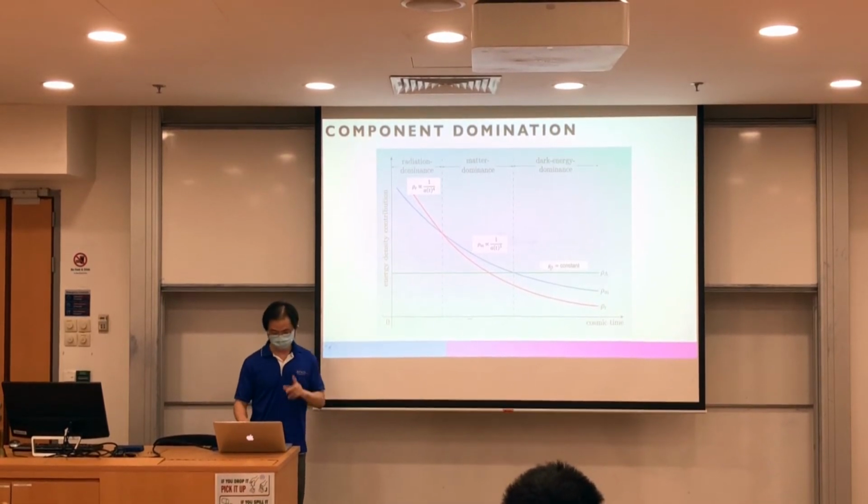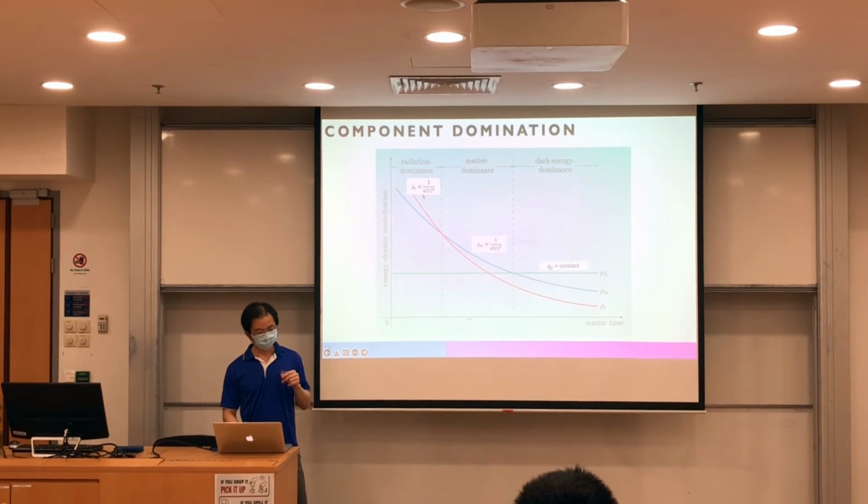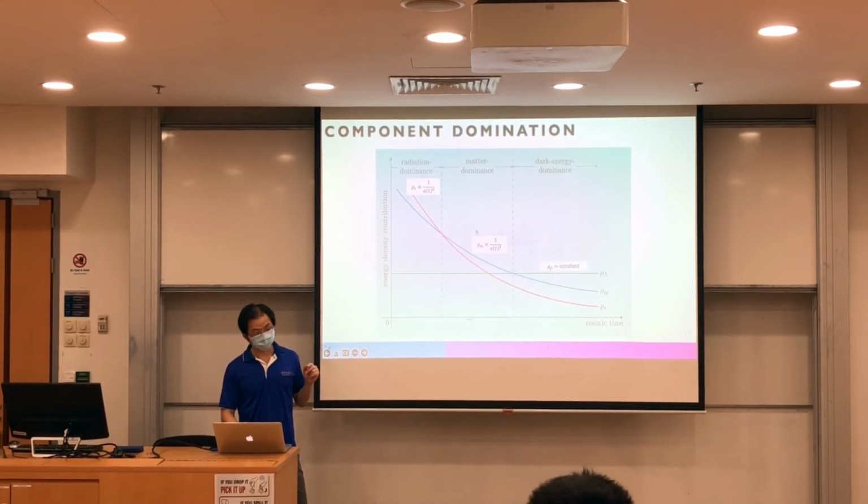Okay, so here we mentioned that the densities are related to the scale factor, and this is actually a very important prediction. So the radiation density goes as a to the power of -4. Matter density goes as a to the power of -3.